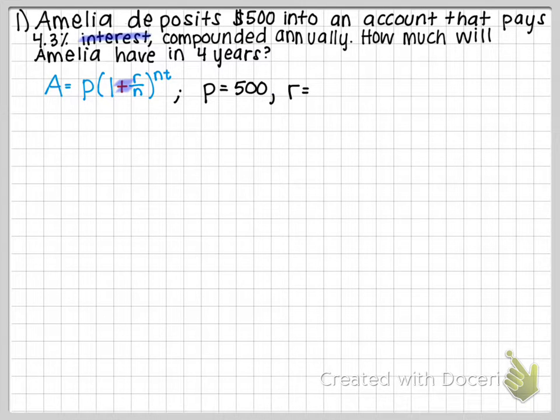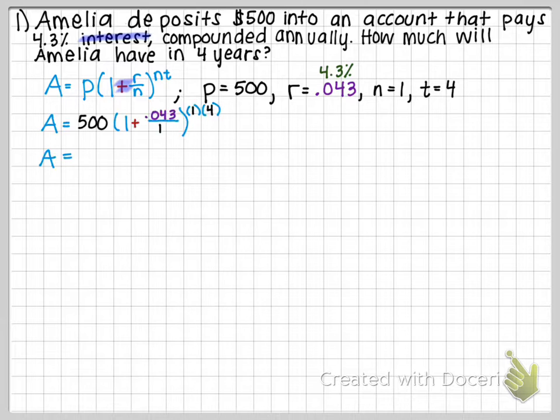R is the percentage, which is 4.3, but we need to change that into a decimal. Remember when we change from a percent into a decimal, we move 2 places to the left. So we started with 4.3 and now it's 0.043 for the rate. Our N is annually, so that means 1. And T is 4 years.